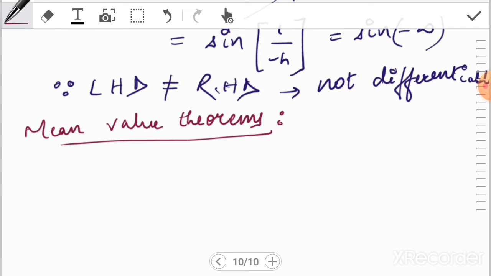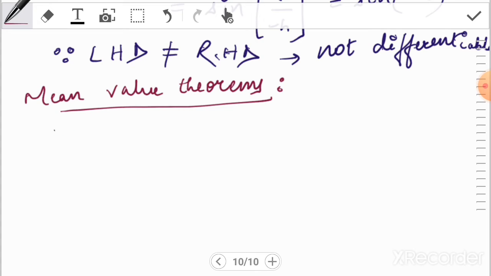So first is Rolle's theorem, Rolle's mean value theorem.